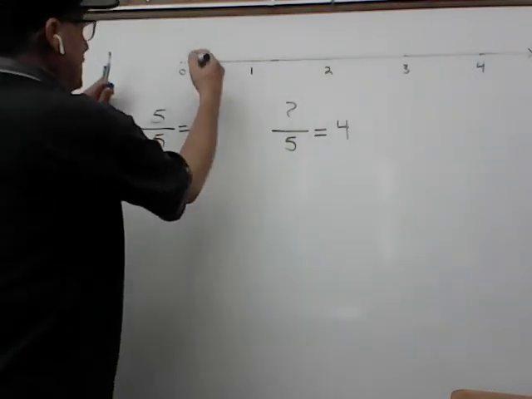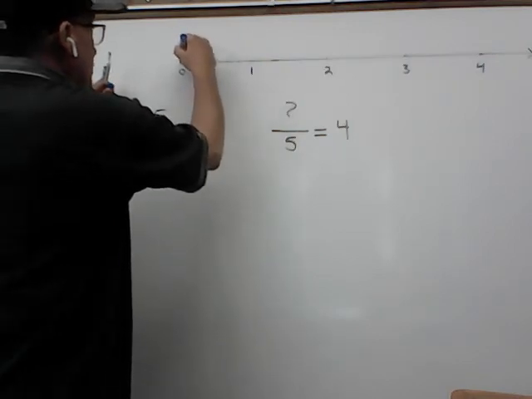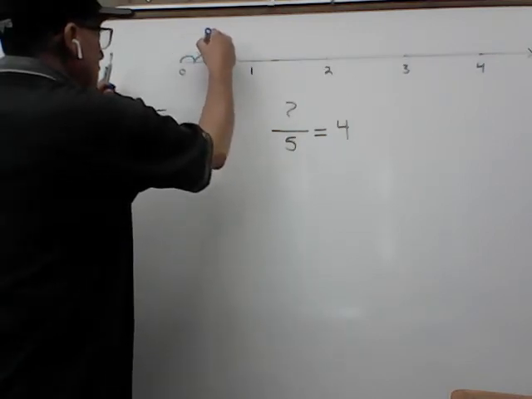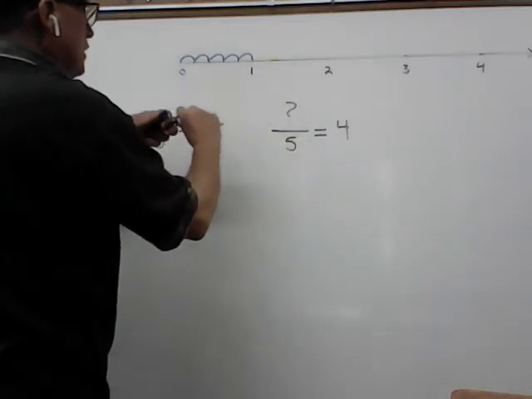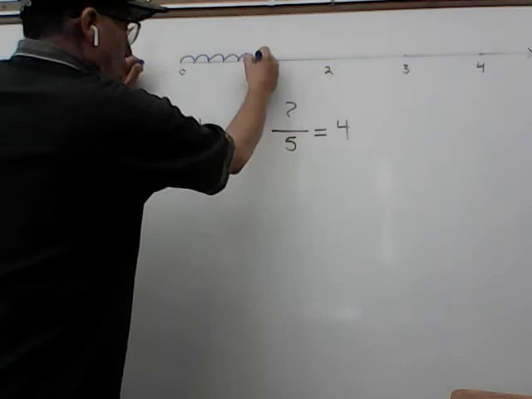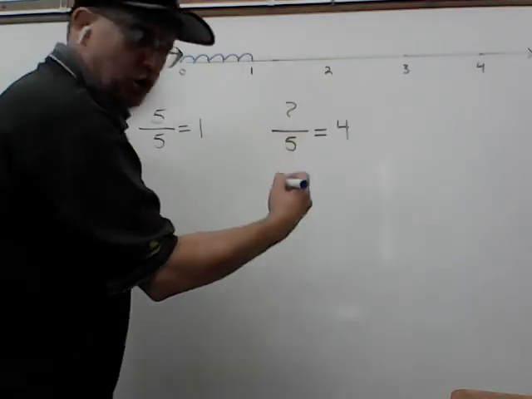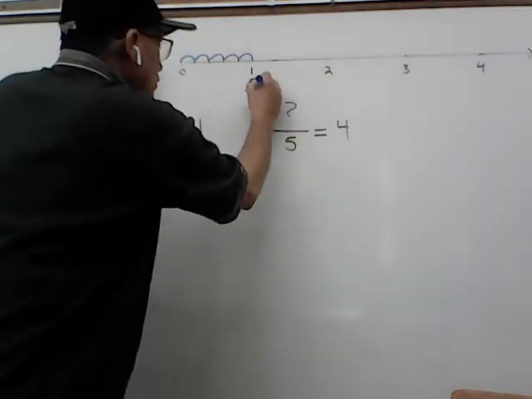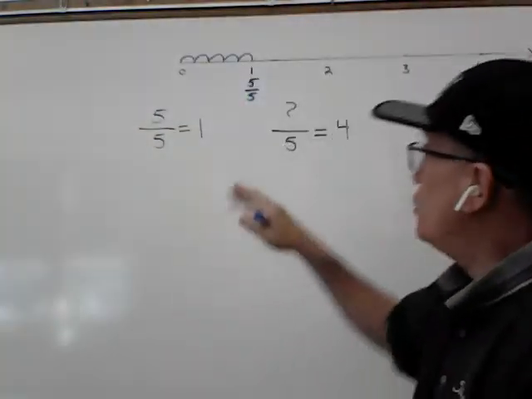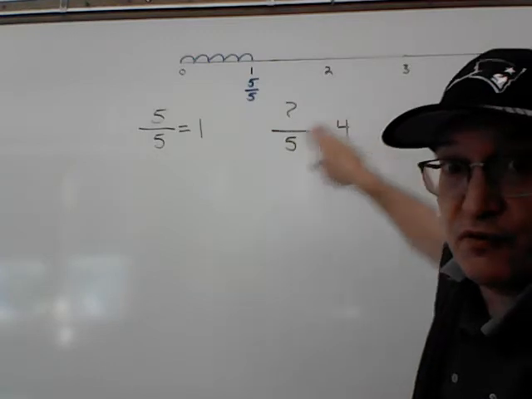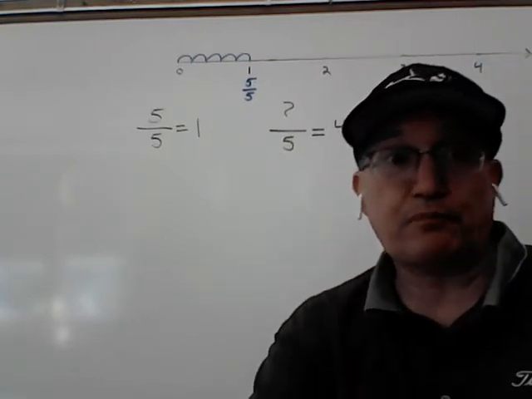And I sometimes indicate that with a little jump with the marker. 1, 2, 3, 4, 5. So when you get to that whole number 1, you are at the fifth.